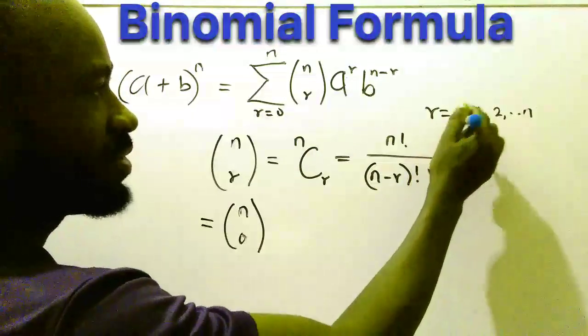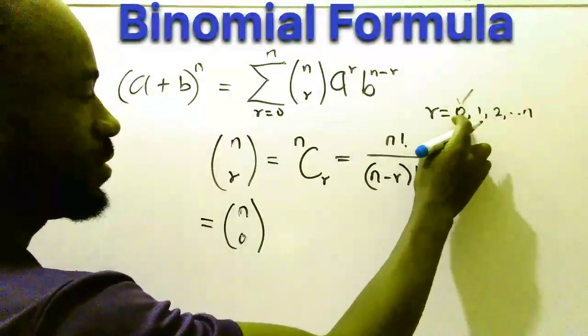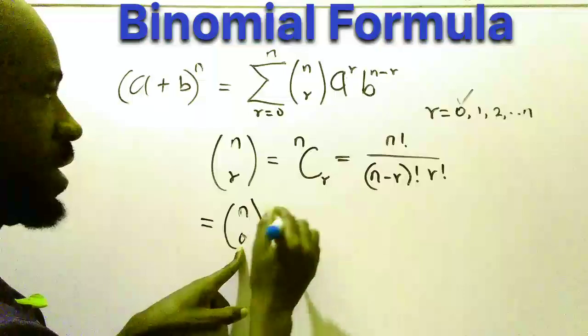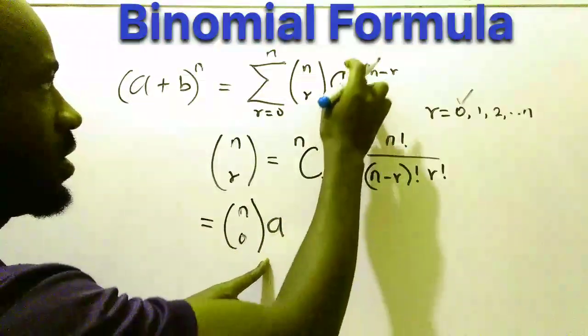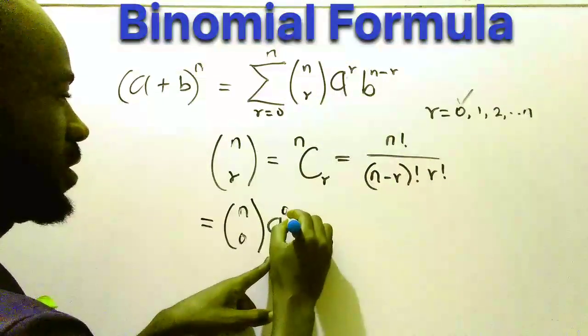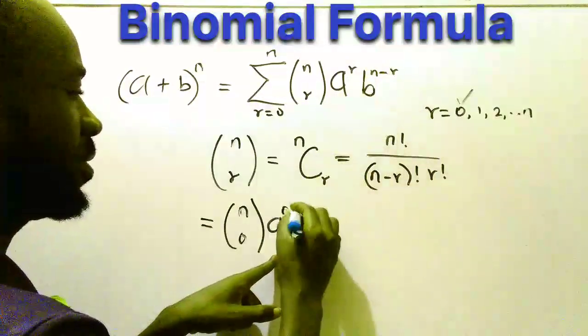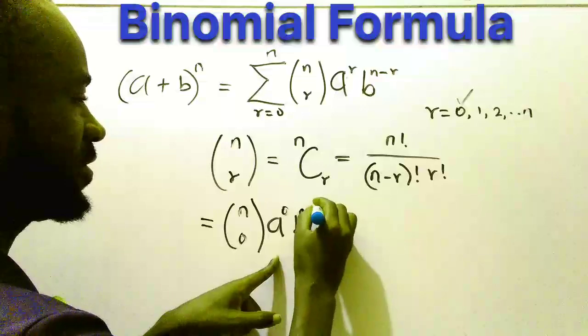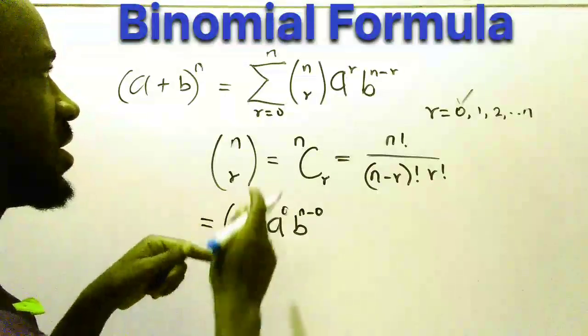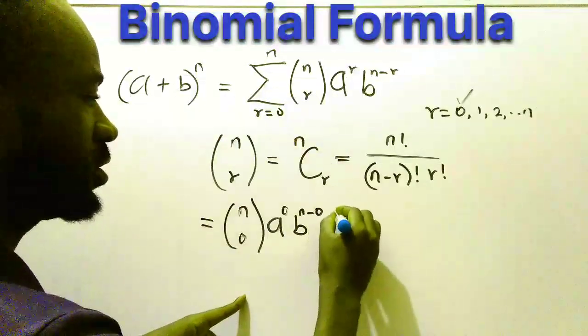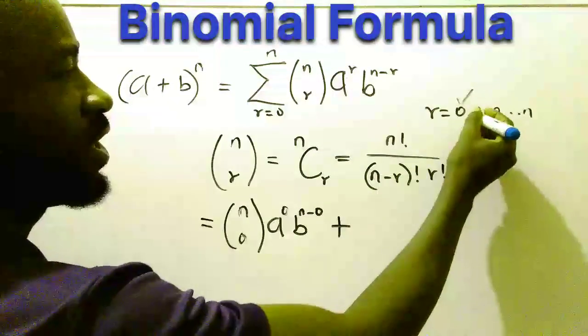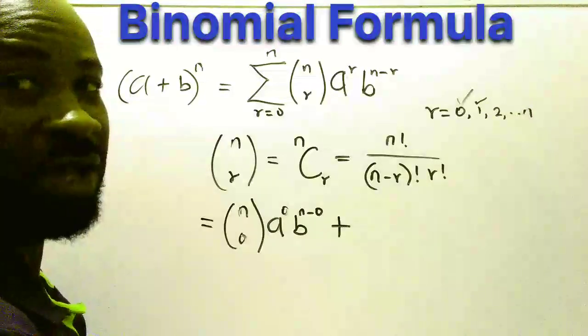So first of all, I'm taking r as 0, that's why you're seeing 0 now: a raised to the power of 0, b raised to the power of n minus 0. I'm done with that. You apply your instruction, plus, you take the next value for r, which is 1.